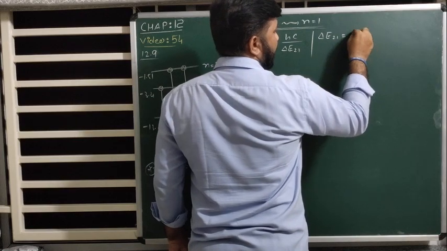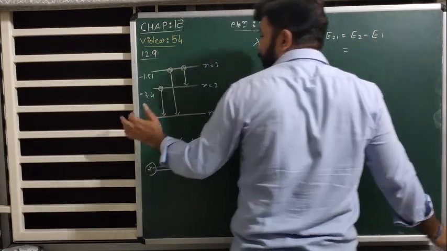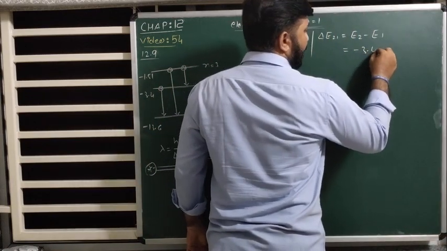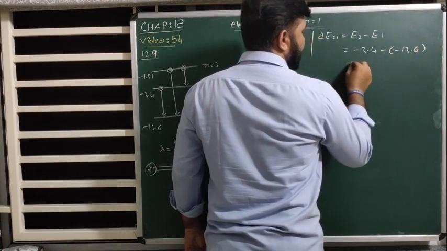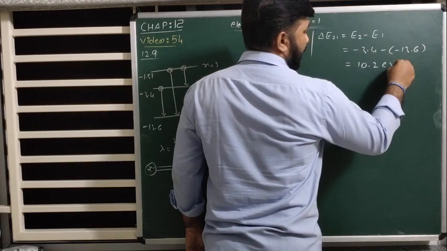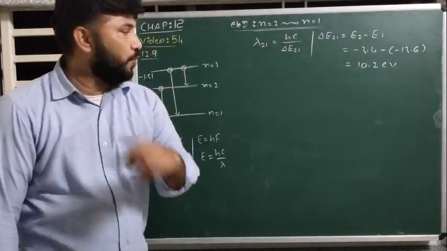That is E2 minus E1, which is minus 3.4 minus (minus 13.6), equal to 10.2 electron volt.